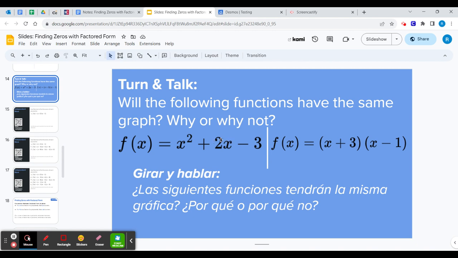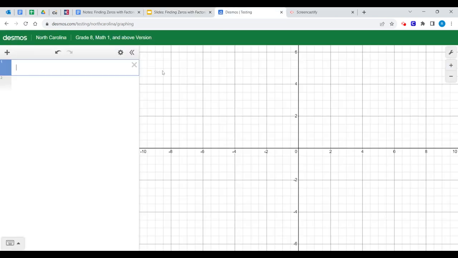The graphs should look exactly the same because we have x plus 3 times x minus 1. If we actually did that problem, it would come out to be this standard form answer, right? We got factored form on the right, standard form on the left. We can verify that in Desmos too.